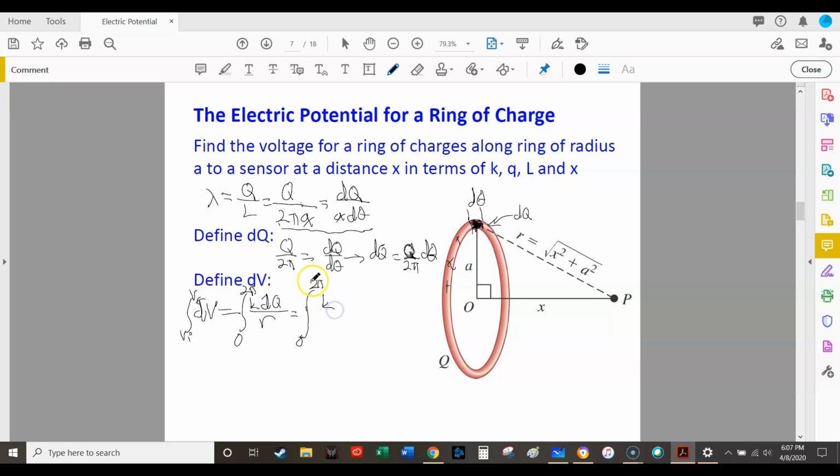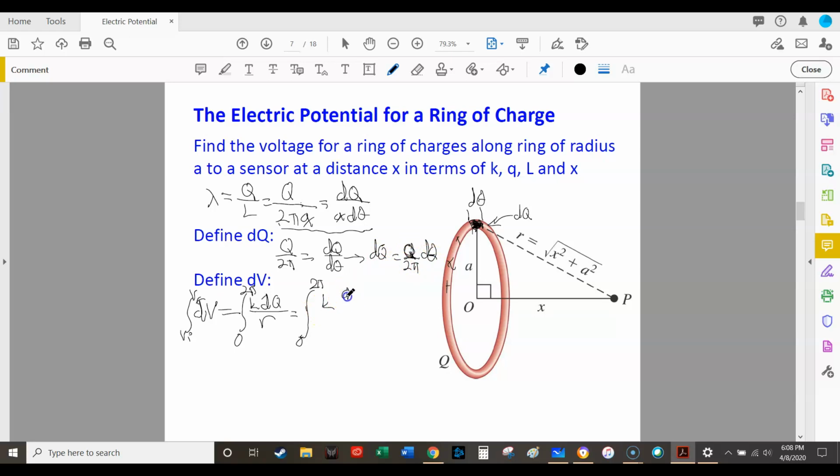We have k dq, and we're not using lambda in this case. So now dq is going to be equal to q over 2 pi times d theta.